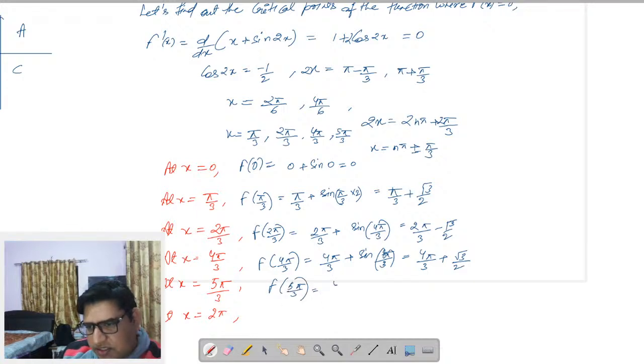5π/3 is 5π/3 plus sin 10π/3, and sin 10π/3 is, 3 twos are 6, so that will be 2π plus sin 4π/3, and 4π/3 as we have calculated is minus root 3 by 2, so that will be 5π/3 minus root 3 by 2.